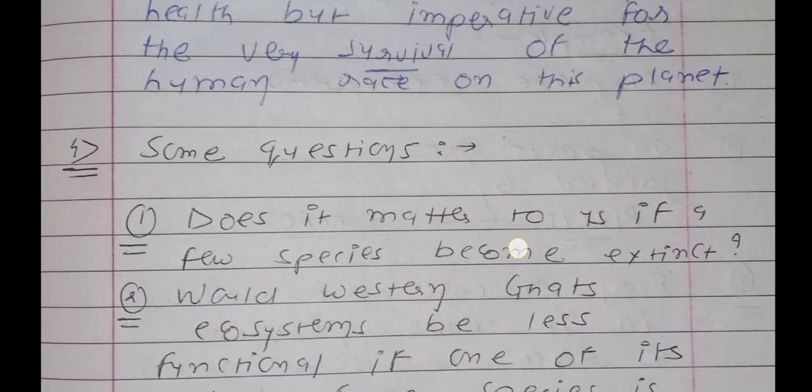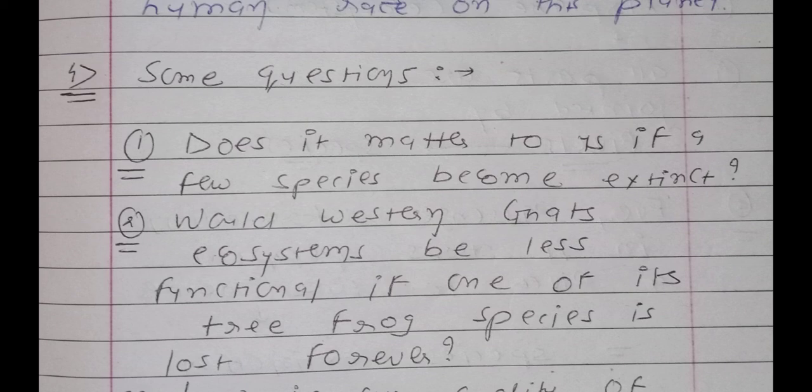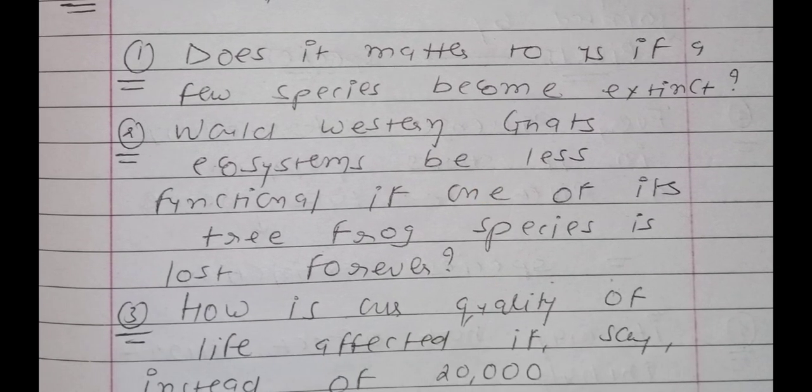And now see, in point number 4 we have some questions. We can't give the perfect answer to all these questions. First, does it matter to us if a few species become extinct? Second, would the Western Ghats ecosystem be less functional if one of its tree frog species is lost forever?